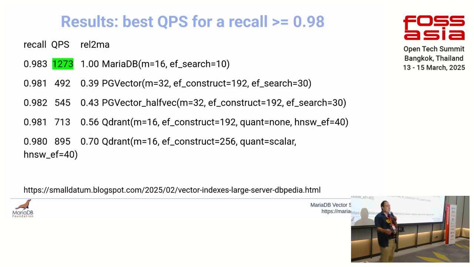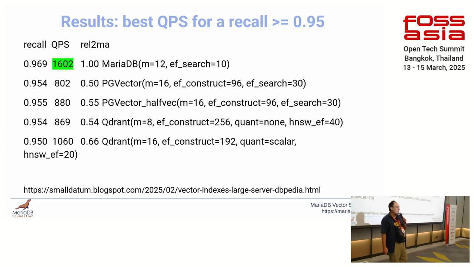I'm not going to go through too many of these. If we go down to 98%, our M value from MariaDB before was 24, and now it's down to 16, but we've had a 50% increase in the queries per second by just allowing that little 1% margin. As we see, PG Vector is around 40% of that, and Quadrant drops down a bit.